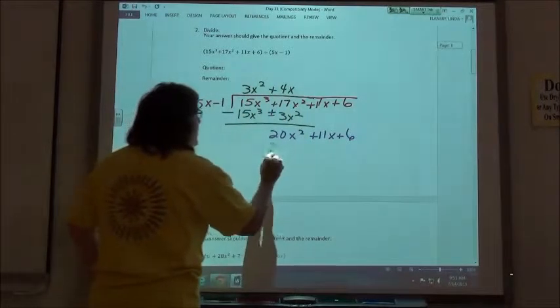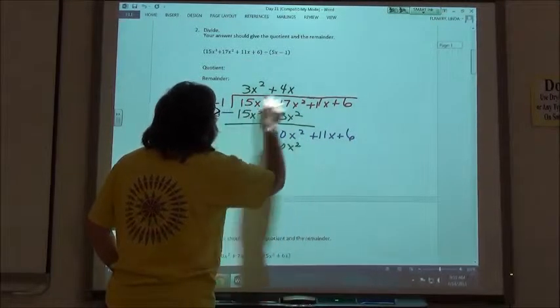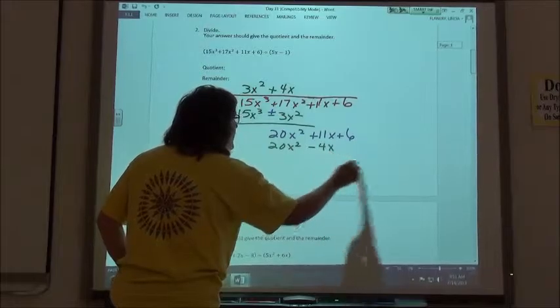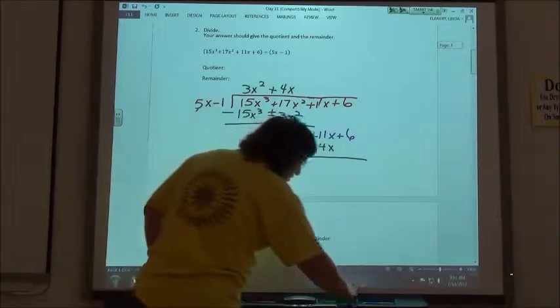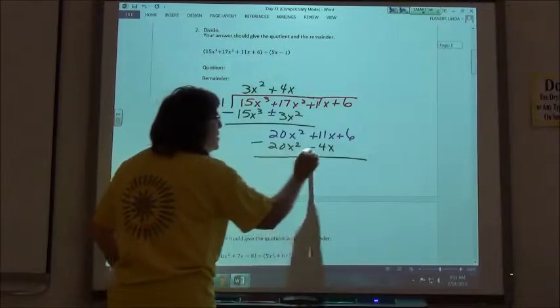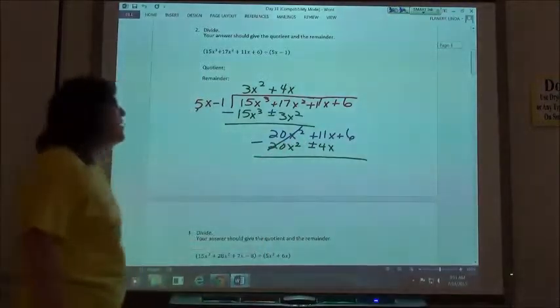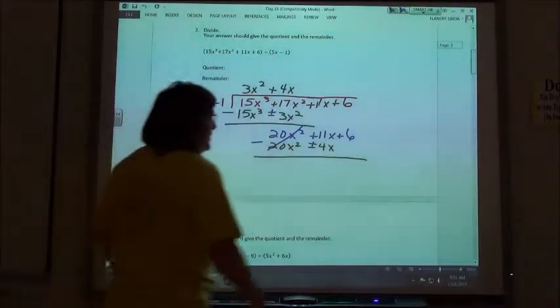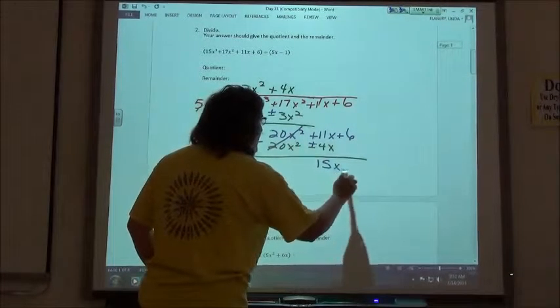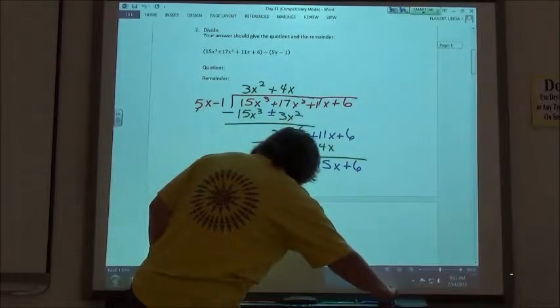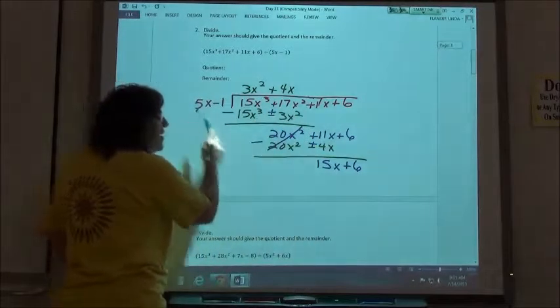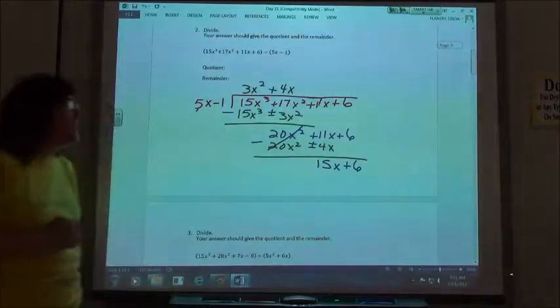Multiplying that out, we would get 20x squared minus 4x. But then we have to subtract. So we change our signs, and we bring down 15x and our plus 6. So what times 5x gives us 15x?